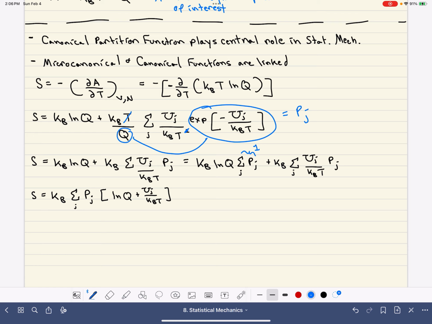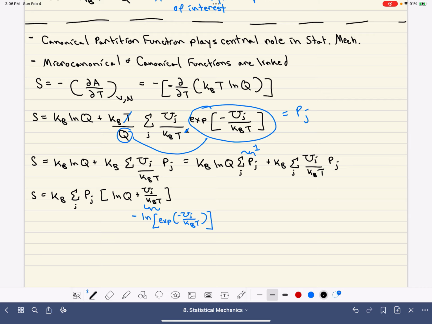And really, this U of j over KBT, if I factor out a negative sign, I could rewrite it as negative ln of the exponential of negative Uj over KBT.